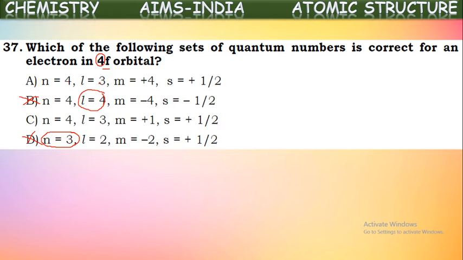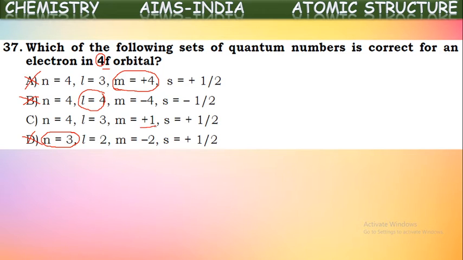So that is minus 3, minus 2, minus 1, 0, plus 1, plus 2, plus 3. Among these 7 values, 1 may be there for m value. But here, m value they have shown plus 4, which is not possible, which is beyond the m values. m may get values from plus 3 to minus 3 only, including 0. But they shown here plus 4, so it is not possible.